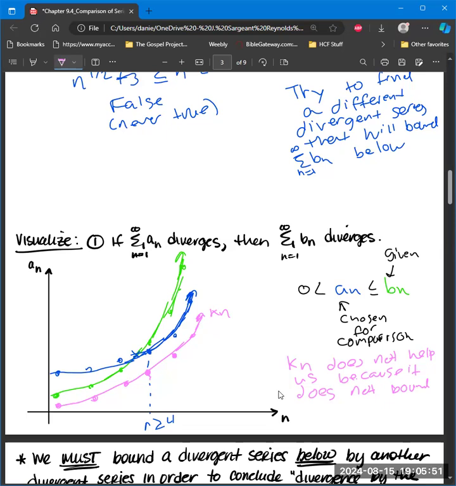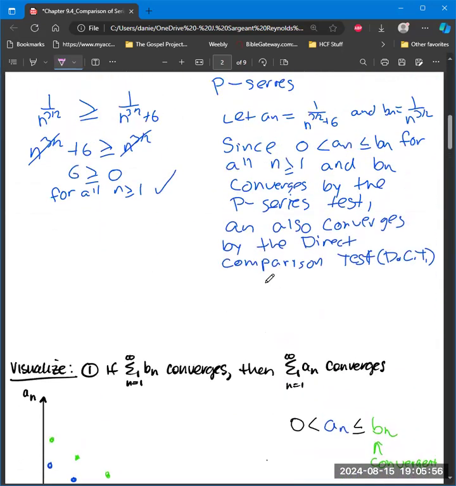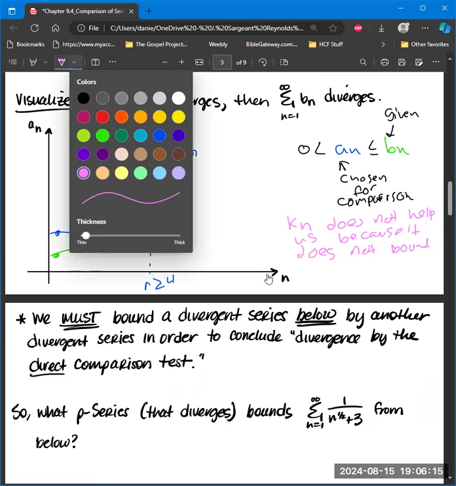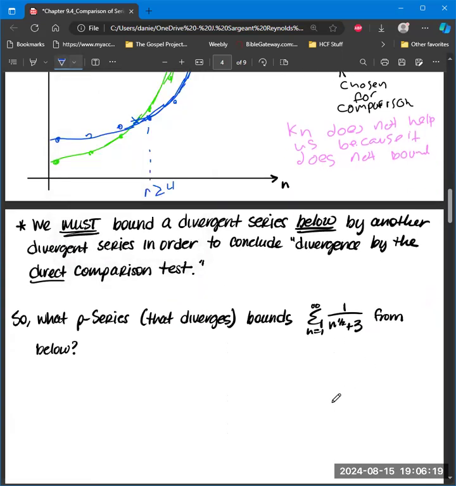I think I drew these backwards. Let me look. Need to be bounded below by, this is, if I choose a series that doesn't meet the conditions where it's always in the wrong place, then it's not going to help me. That's what I was trying to draw there. But I'm just going to let the example here help me out.